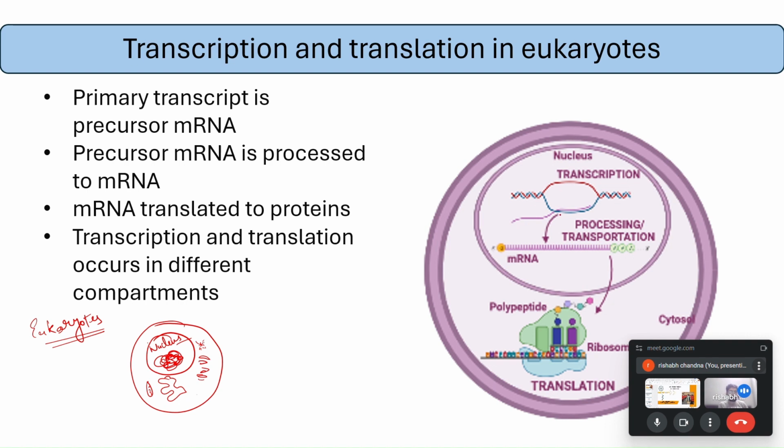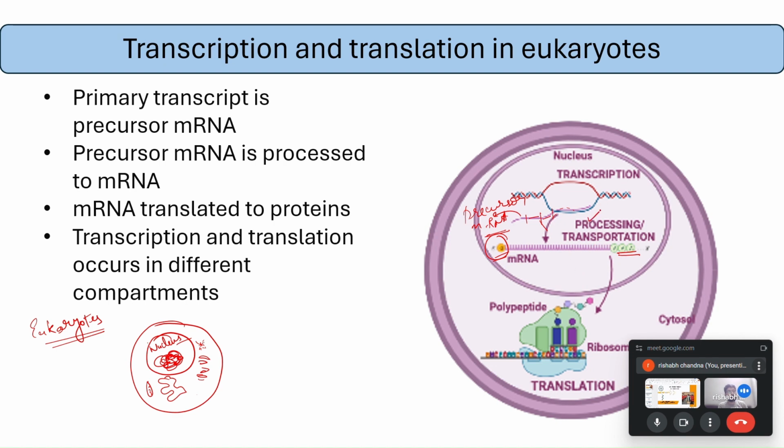Now in this case, transcription happens, and the first thing that is formed is the precursor mRNA. This is not the mature mRNA because it has introns and exons side by side. Now these introns are removed and certain modifications like capping and tailing occur on the mRNA.